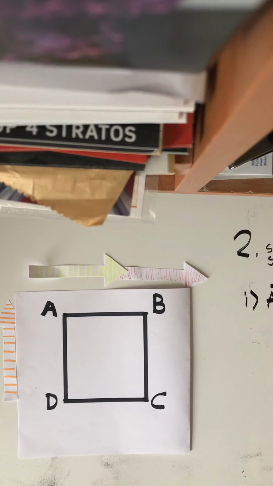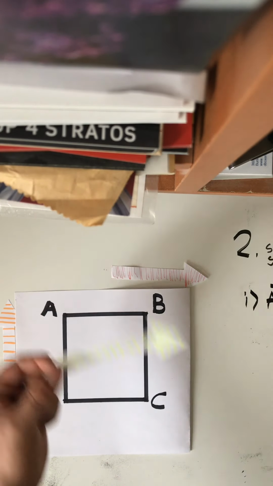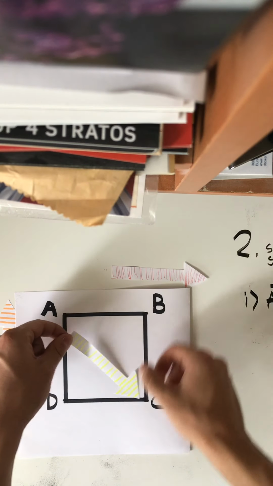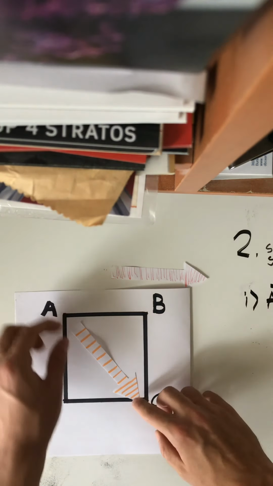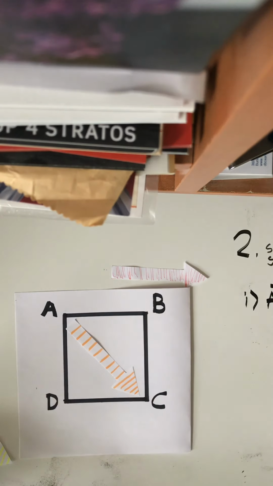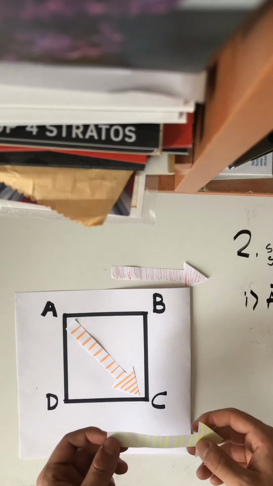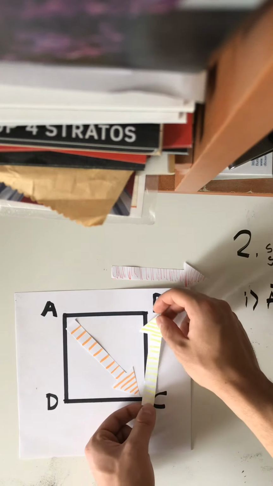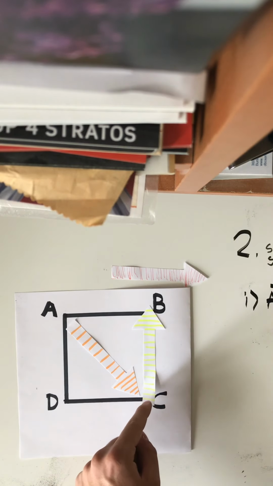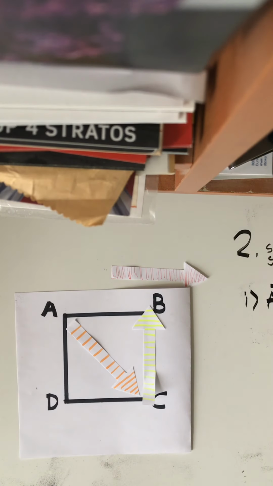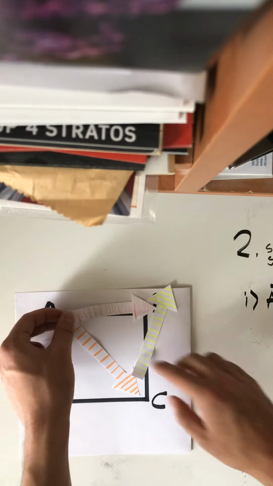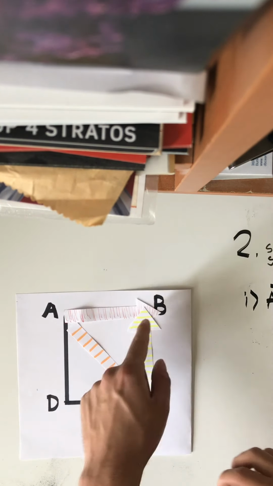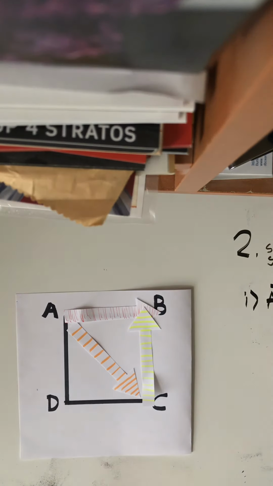By using the tip to tail principle, we can use an arrow AC. I'll use a longer arrow right here. So AC and CB, since it's tip to tail, we can say that that equals vector AB. So the red is what the vector equals.